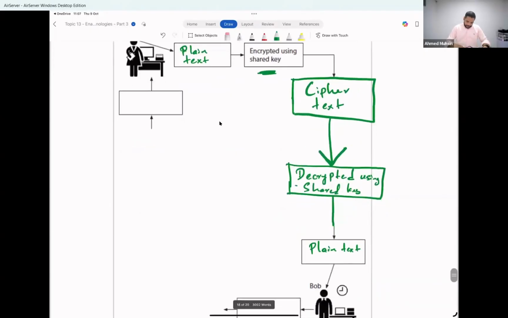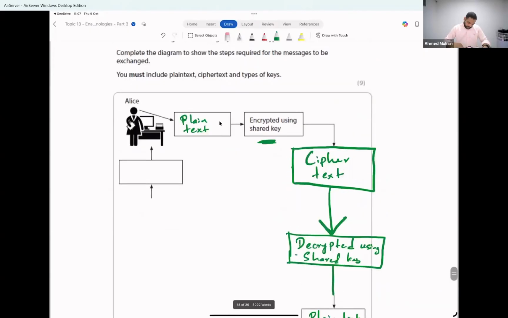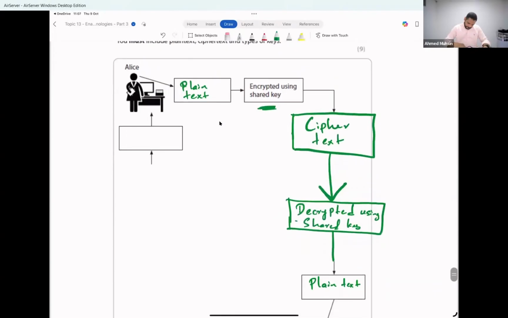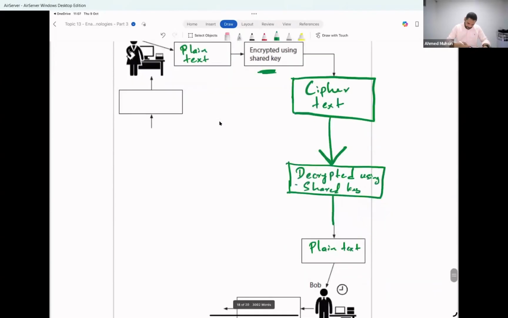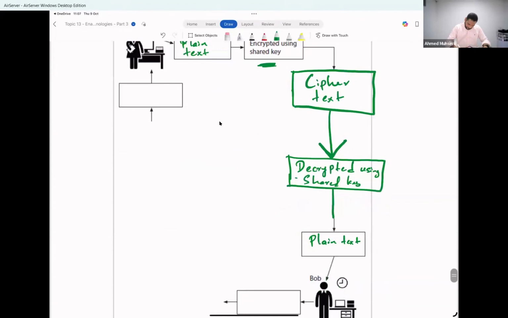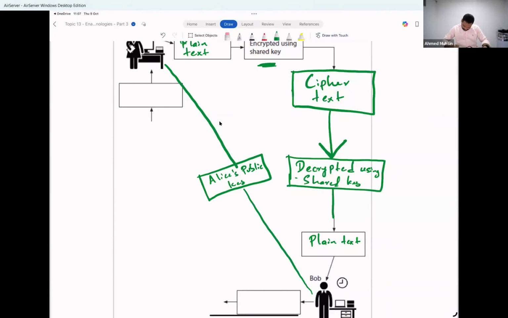Okay. So we draw a line from here to here. Here we have Alice's public key, going to be given to Bob. Okay. Then what happens over here?